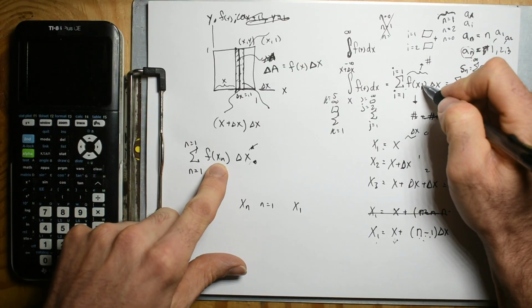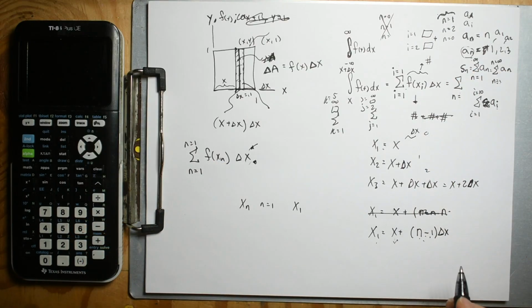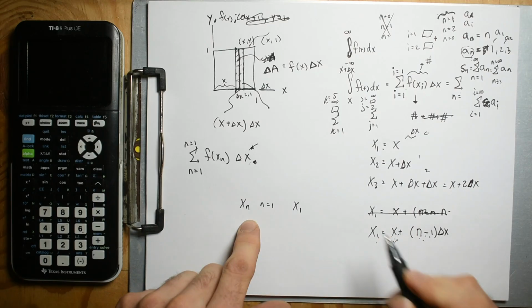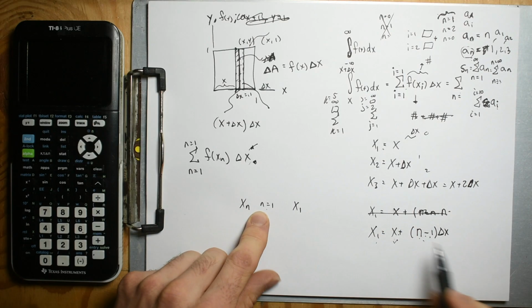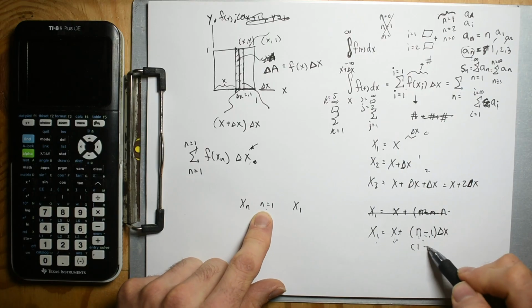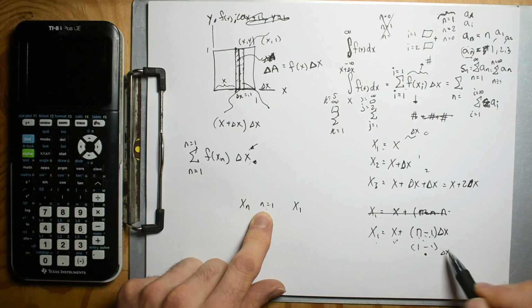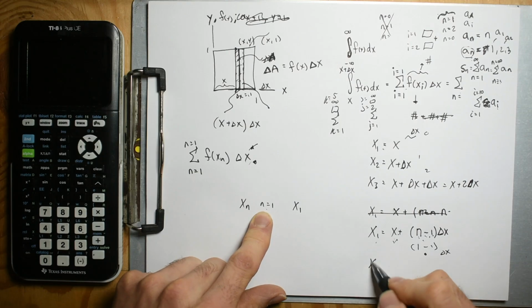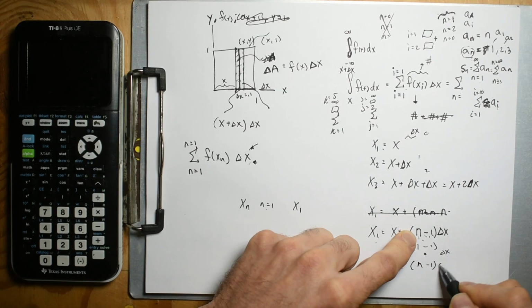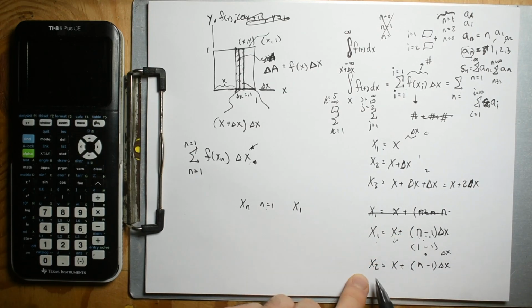They're just letters. Cool, but x1 is going to be this x. I'm going to have that n is equal to 1 somewhere, and so I'm going to have n minus 1. That's going to be 1 minus 1 is 0 change in x. And then for the next one, x2 is going to be x plus n minus 1 change in x. n is now 2.